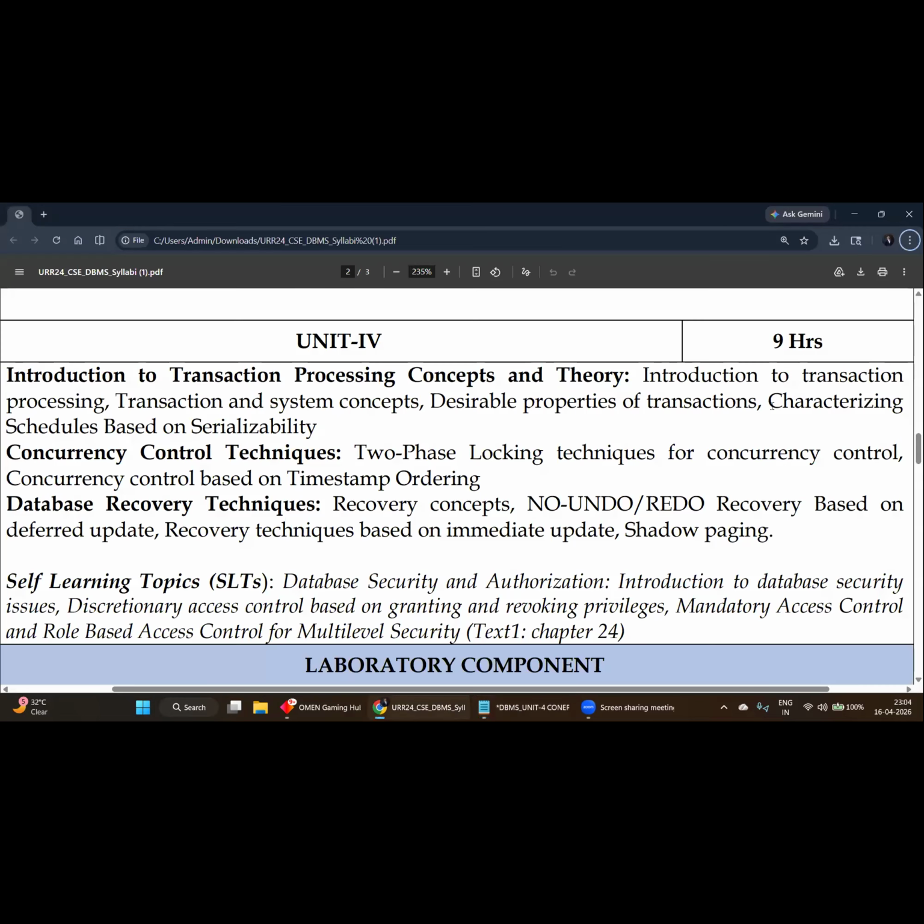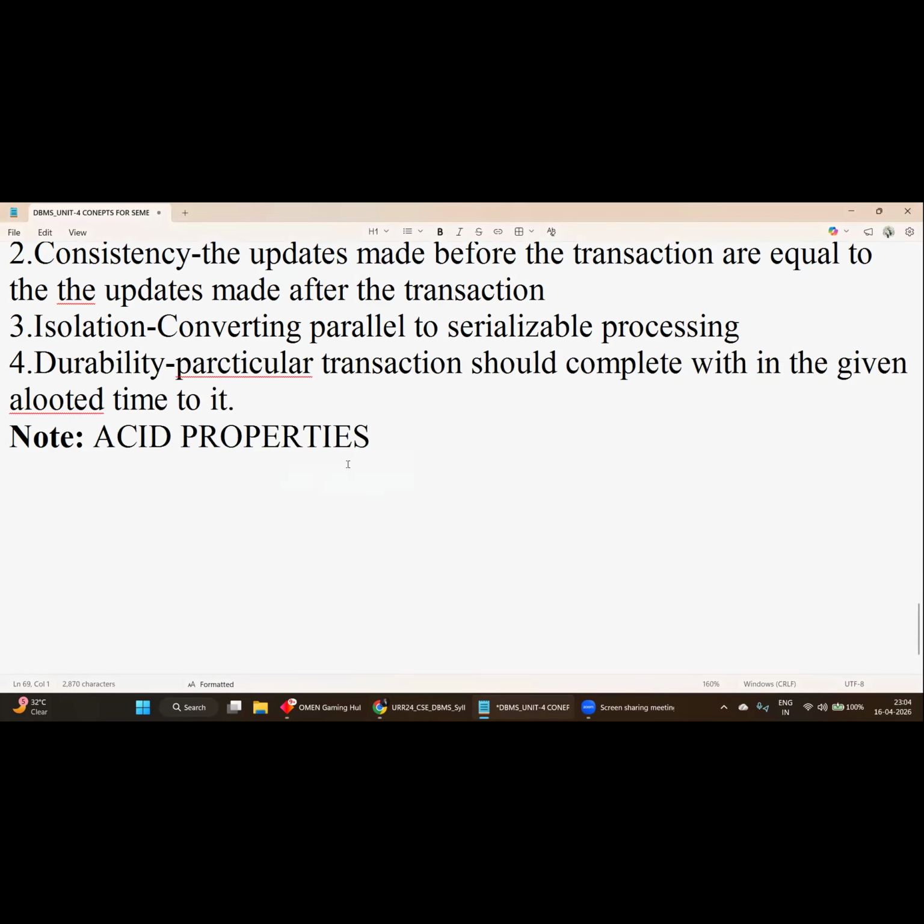And the last topic we will discuss now is serializability. And after that, we will discuss concurrency and database recovery techniques. Okay. Now, what is serializability?